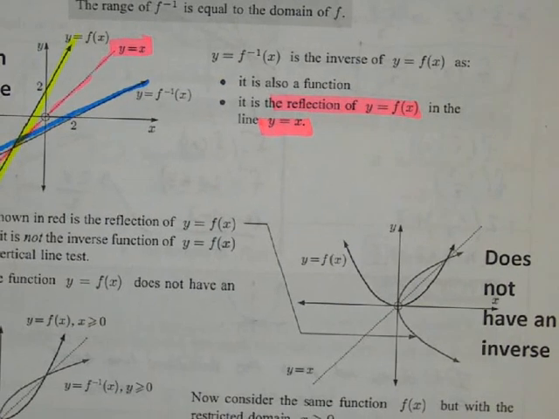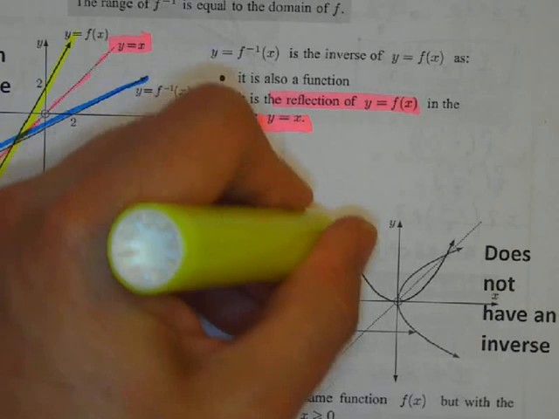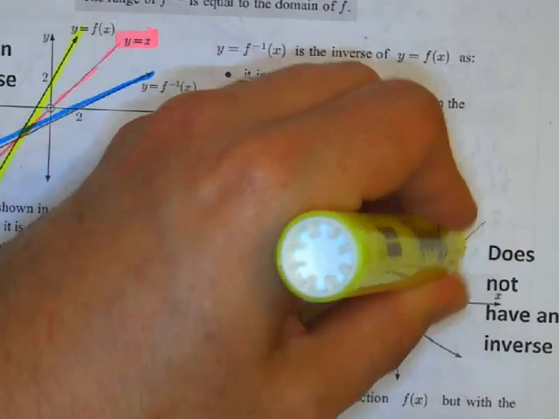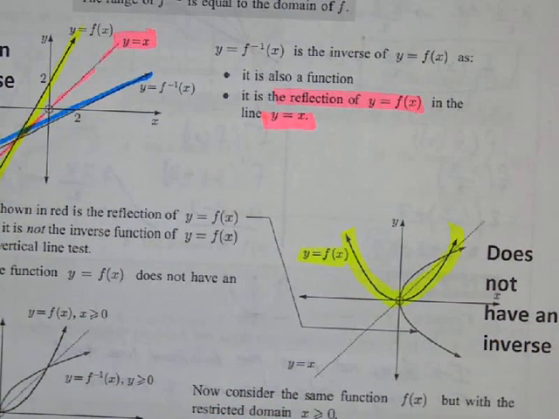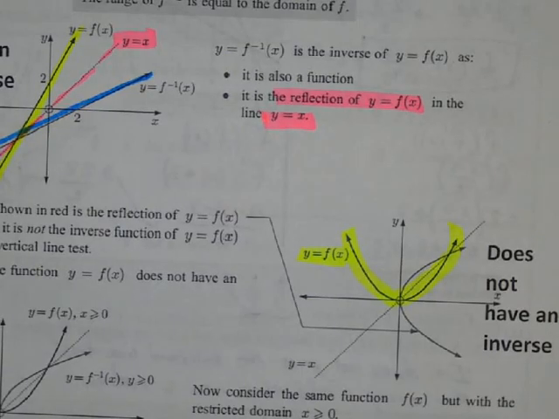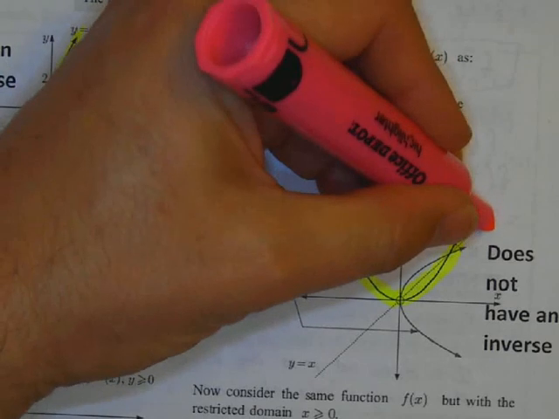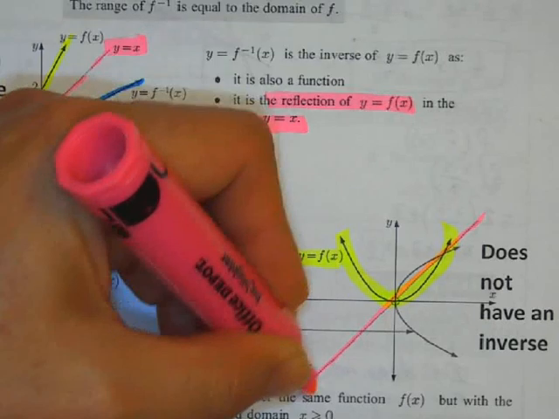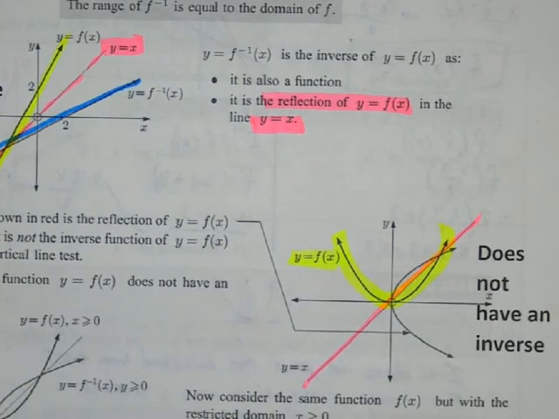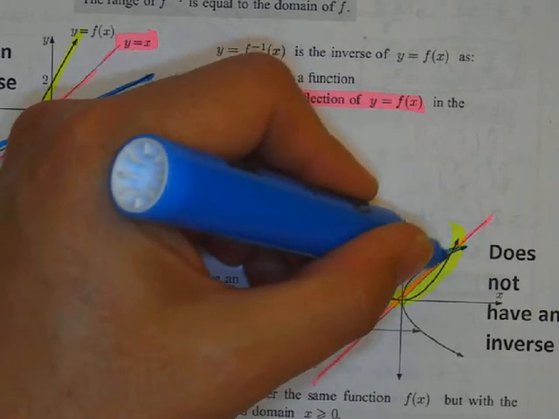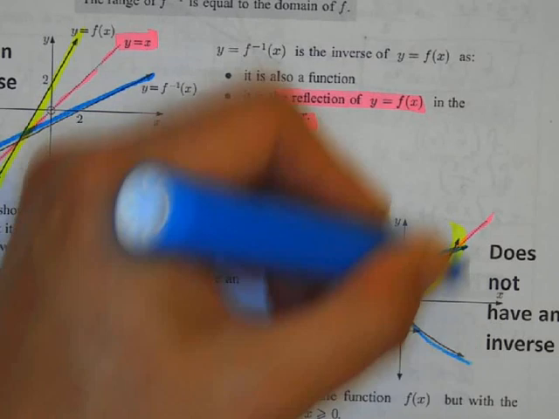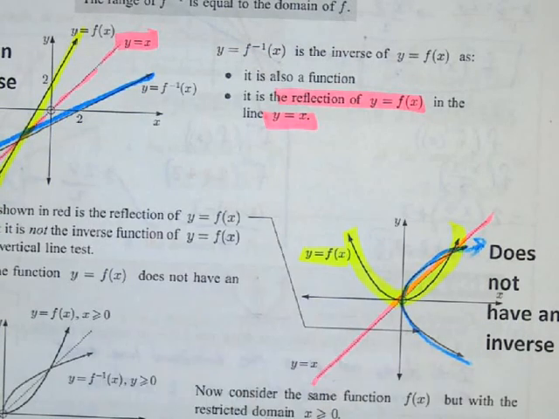Now, if I've got the graph y equals some parabola, and I reflect it over the line y equals x, then the reflection is going to look like this. And as you can see, this blue graph is not a function.